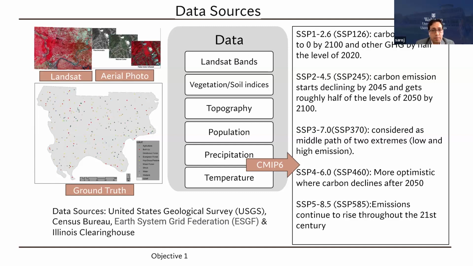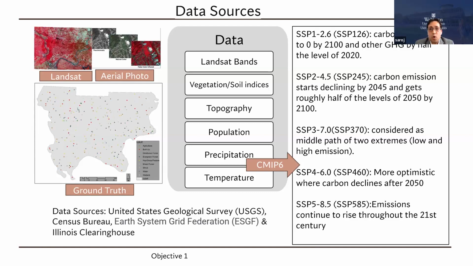Precipitation and temperature were acquired from CMIP6, which is a product of IPCC-based climate scenarios. The data are tier 1 and tier 2. In my case, I only use tier 2 for SSP4.